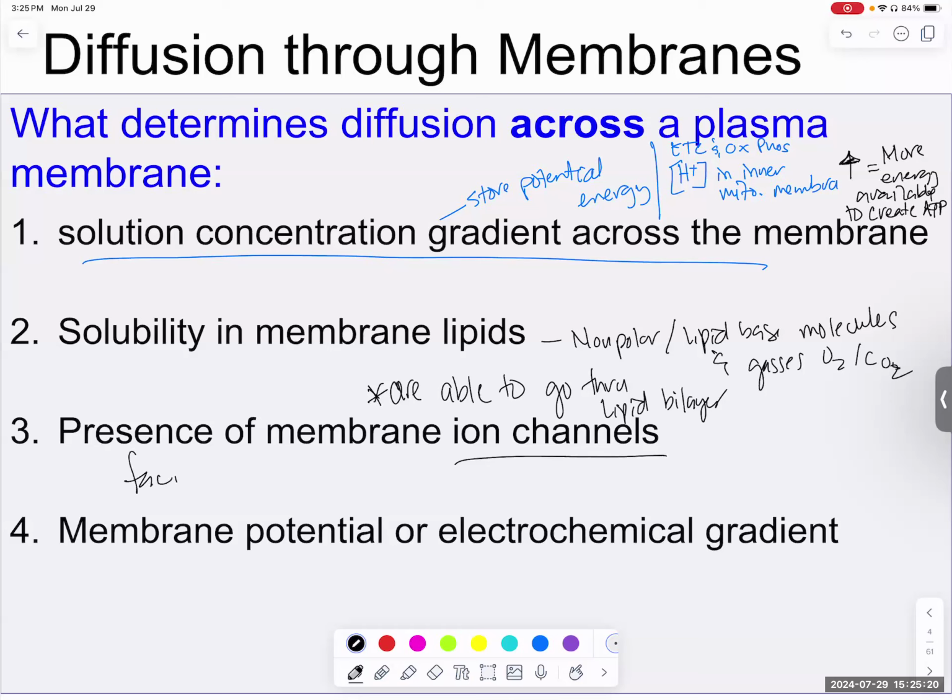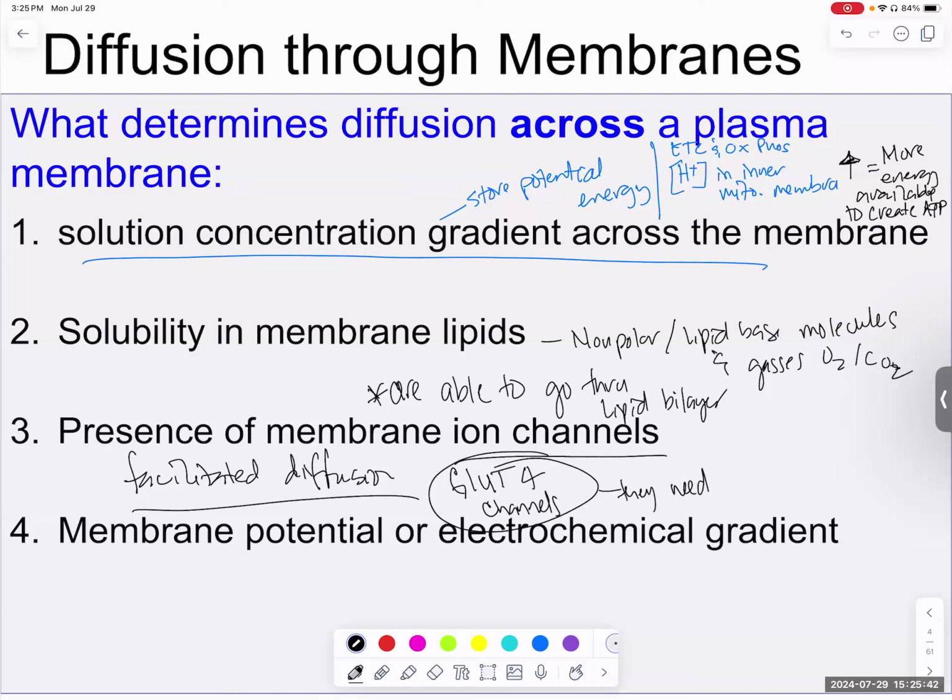Presence of membrane ion channels. This is for facilitated diffusion. These ion channels are not always embedded in the cell membrane. The example I gave you with the GLUT4 channels, they're not always embedded in the cell membrane. They need insulin to facilitate their insertion in the membrane.